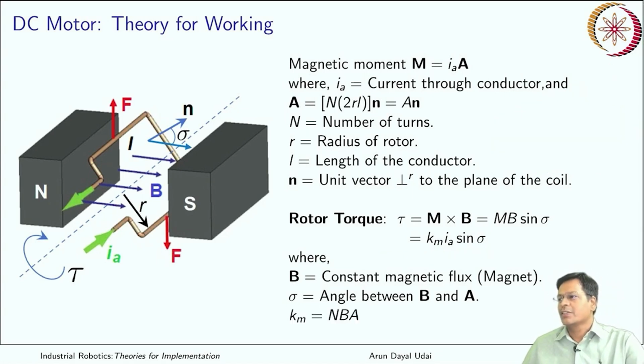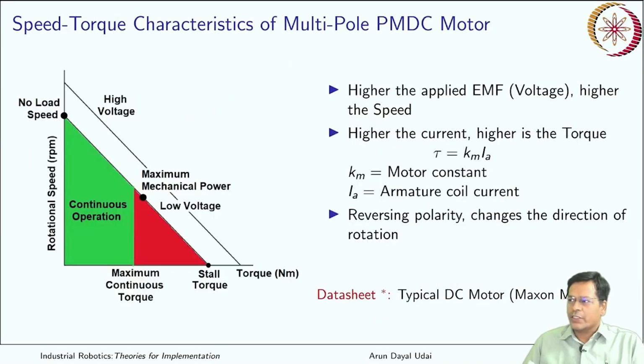Now Km is equal to N times B into A. This is just derived out of the variables you have. It is known as the motor constant. If it is tau by Ia, the unit is Newton meter per ampere. So what is this?